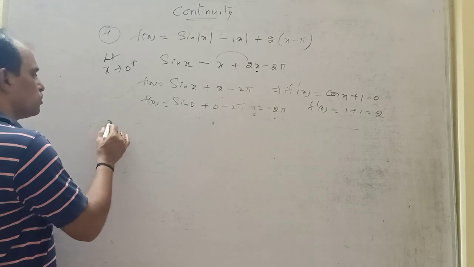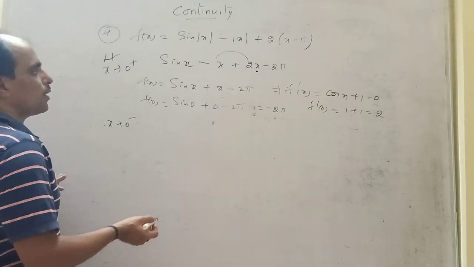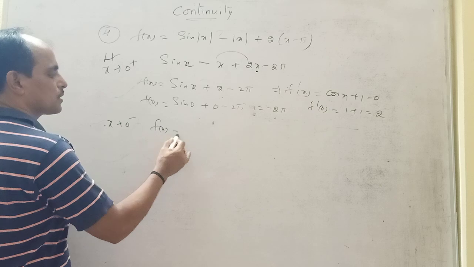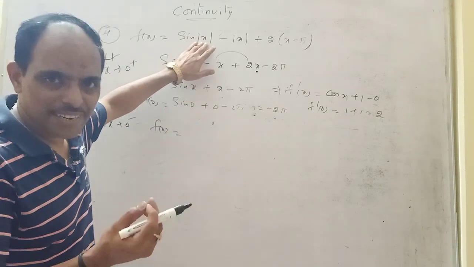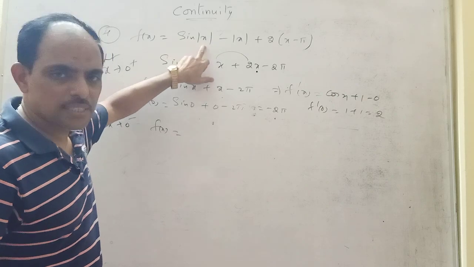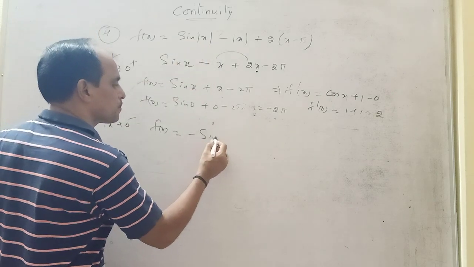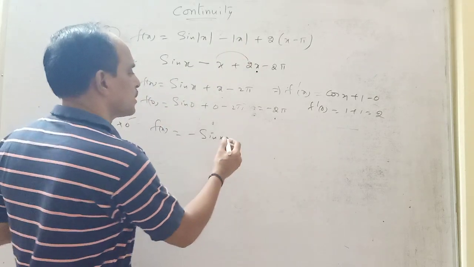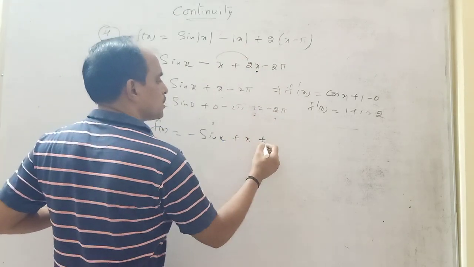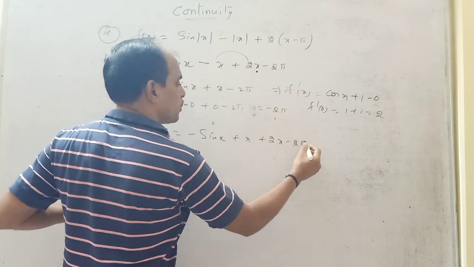Now 0 minus, what about the function f of x? Just less than 0 means mod x is negative. Sin of minus x is minus sin x. Mod x is negative, so minus of minus x gives plus x, and then 2x minus 2 pi.